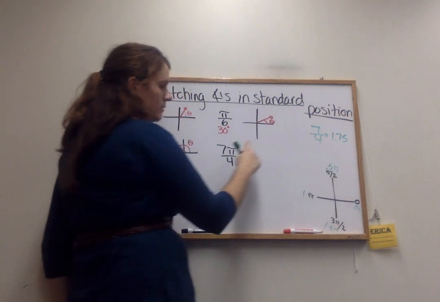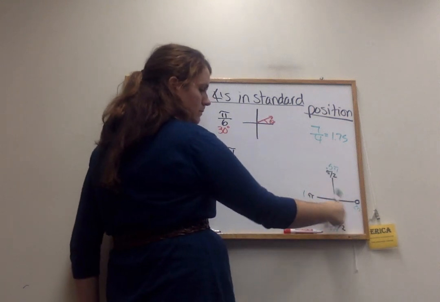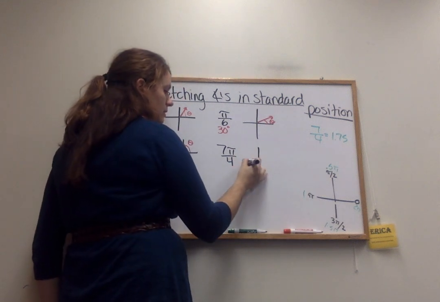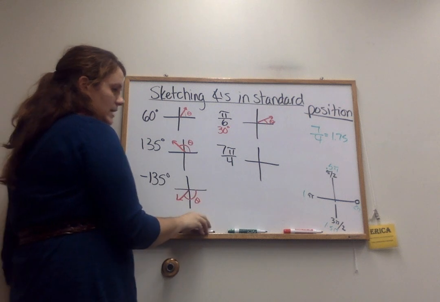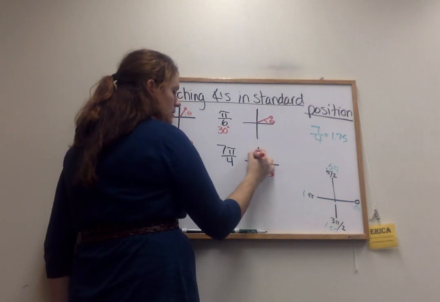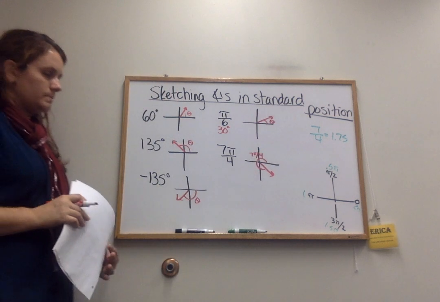Well, 1.75 pi is going to fall between 1.5 pi and 2 pi. It's going to be right in the middle of that. So that's one way to think about it, changing your fraction into a decimal. It's going to be over here, 7 pi over 4, as our theta.